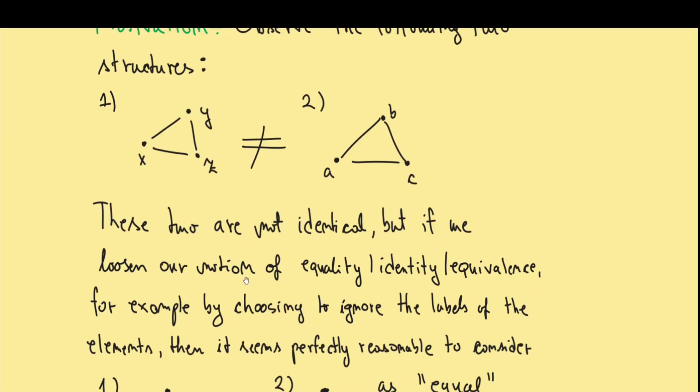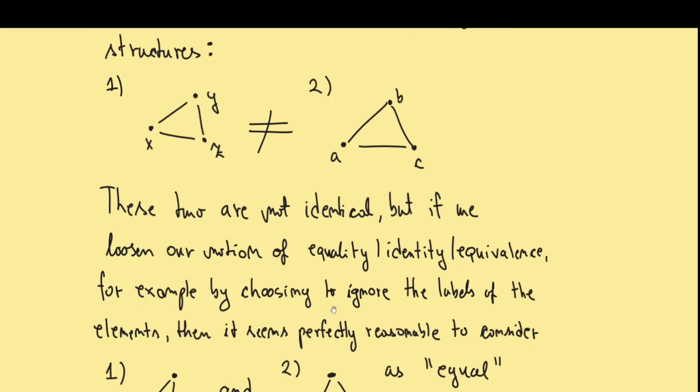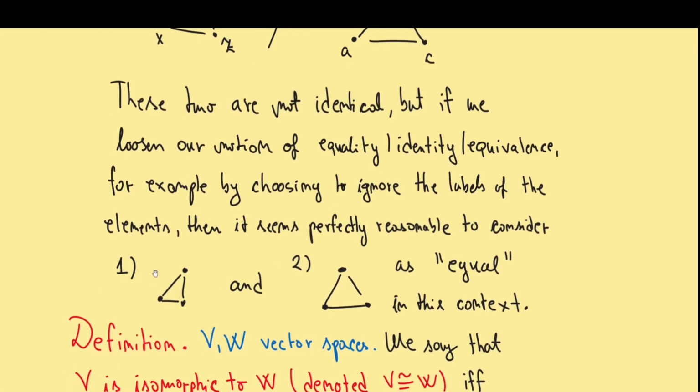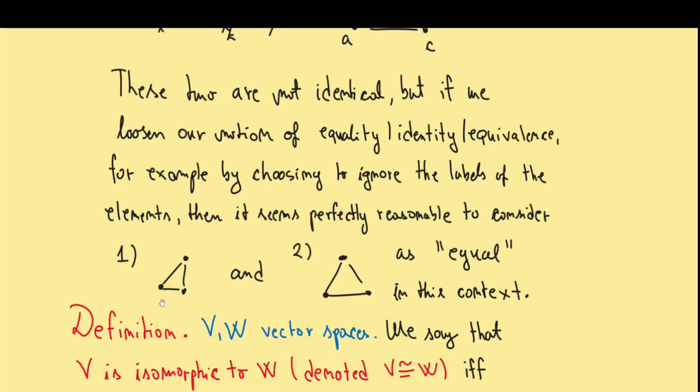But if we loosen our notion of equality, identity, equivalence, for example, by choosing to ignore the labels of the elements, then once we ignore the labels, we get these two structures, and they look pretty much the same. So in this context it might be perfectly reasonable to consider these two structures as equal.